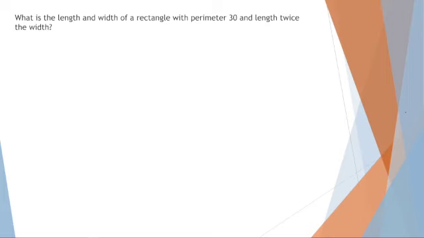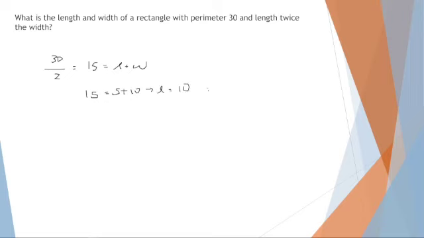So I did 30 divided by 2. That gives us the sum of the width and length. And you see that 15 is 5 plus 10, which means the length is 10 and the width is 5.